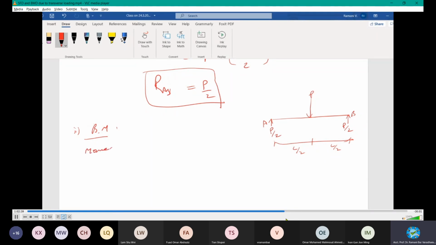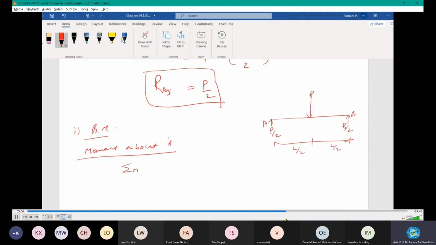Take moment about A, and you have to resolve one by one. As usual, keep the clock at A and do one by one to solve for the moment at A.